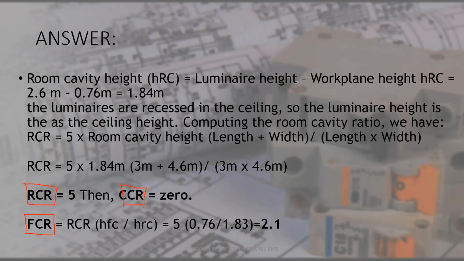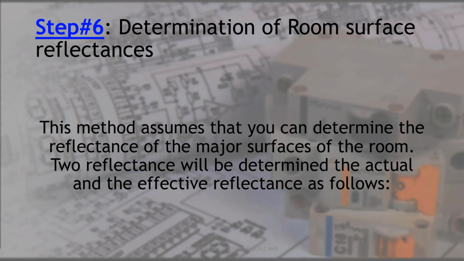Okay, so step 6. We have 5 steps more. Step 6 is we need to determine the room surface reflectance. This method assumes that you can determine the reflectance of the major surfaces of the room. Two reflectances will be determined, the actual and the effective reflectance, as follows.